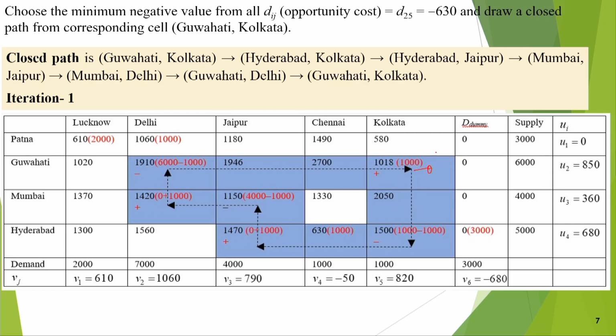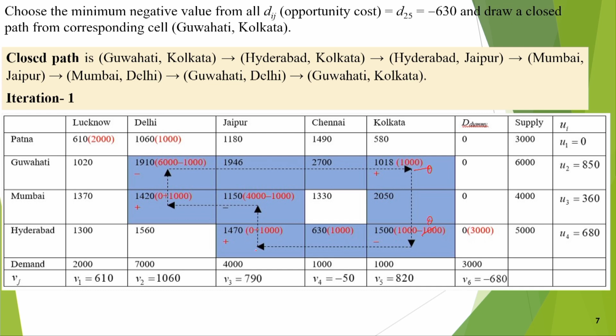Say for example, from here no use in going in the horizontal direction because there is hardly anything, only one dummy column is there. Come down and you see the filled cell was this 1501. You came here and already 1000 was allocated to it. So you say 1000 minus theta, and here you can take a turn now.